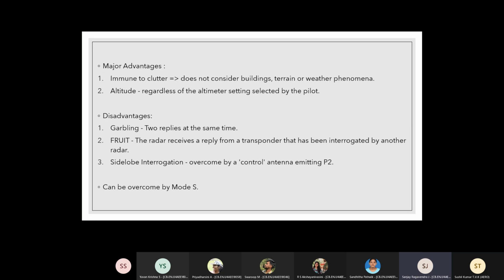So using an IC is like an identification code for that radar. So there is no ambiguity present now.